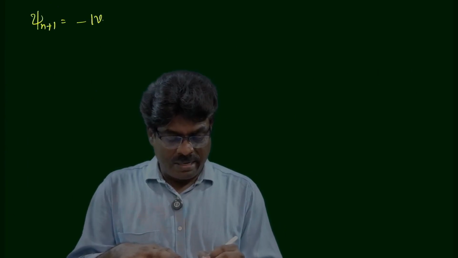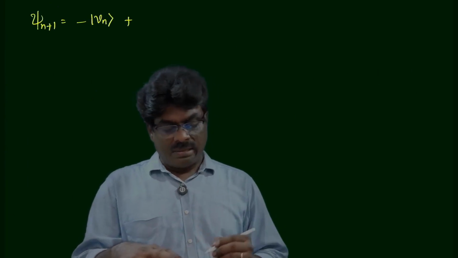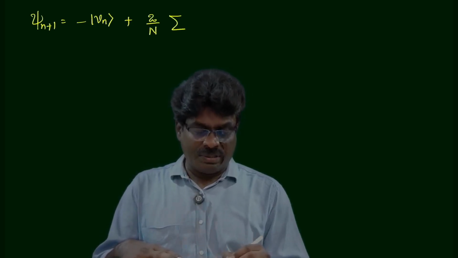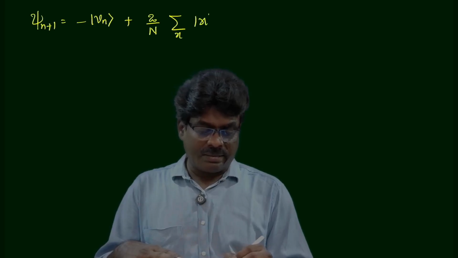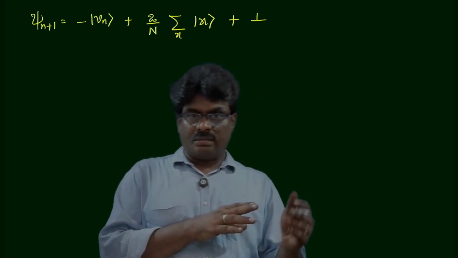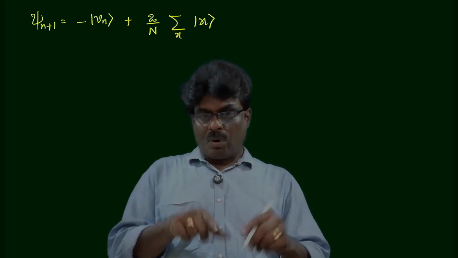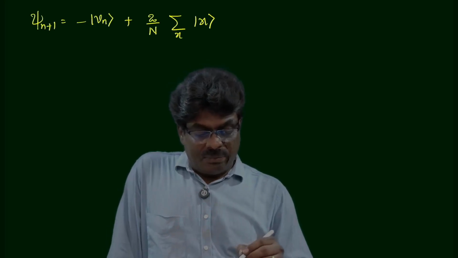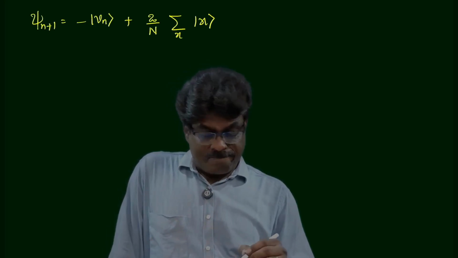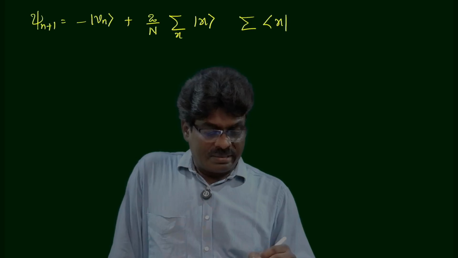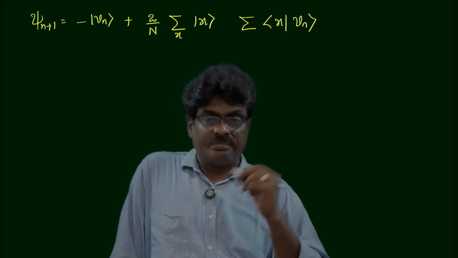Here finally we got psi n plus 1 equal to minus Vn plus 2 by n summation over x ket x plus, again there we have 1 over root n, I have written n outside, and after that here we have summation bra vector of x and this Vn.